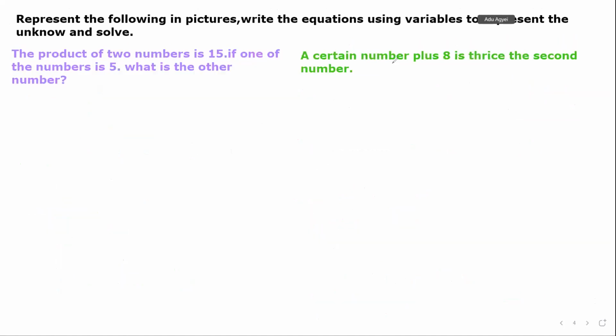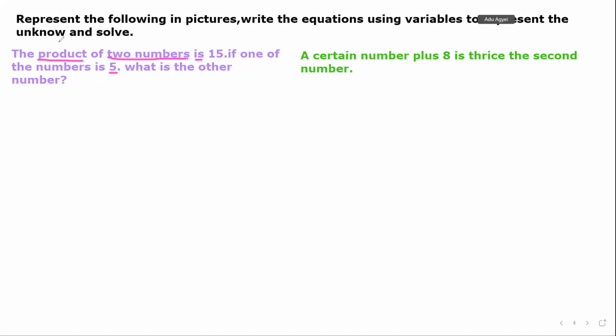Now let's solve this one. Represent the following pictures. Write the equation using a variable to represent the unknown and solve. The product of two numbers is 15. If one of the numbers is 5, what is the other number?